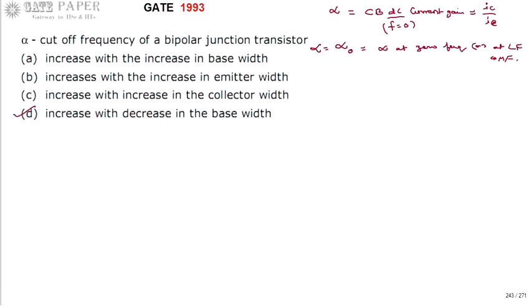At low and mid frequencies, the value of alpha, the common base DC current gain, is constant, but at high frequencies parasitic capacitances exist across every two nodes. Because of that parasitic capacitance, the circuit becomes reactive, and the current gain becomes a function of frequency.